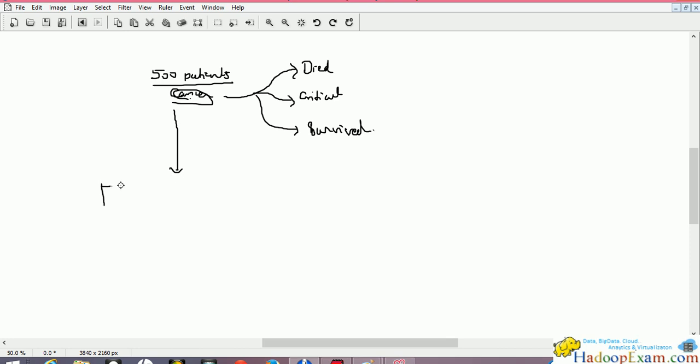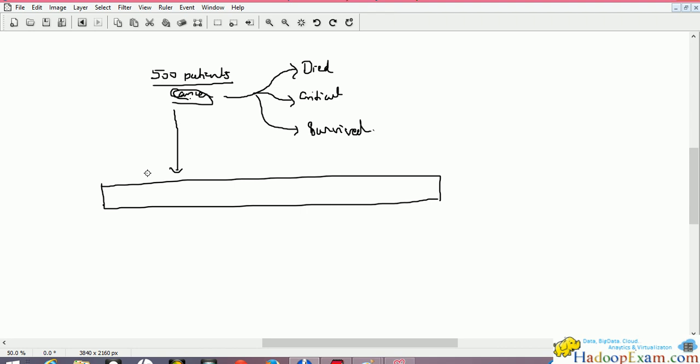So for these 500 patients I have data on who has survived, and what kind of data do I have: their age, their sex, their hereditary problem, hereditary cancer patient, the various symptoms, their blood group. This kind of healthcare data I do have with me, correct?